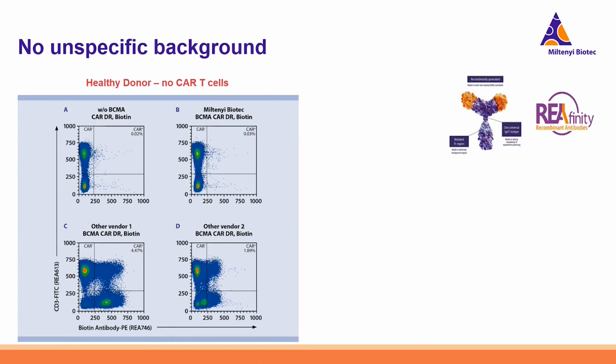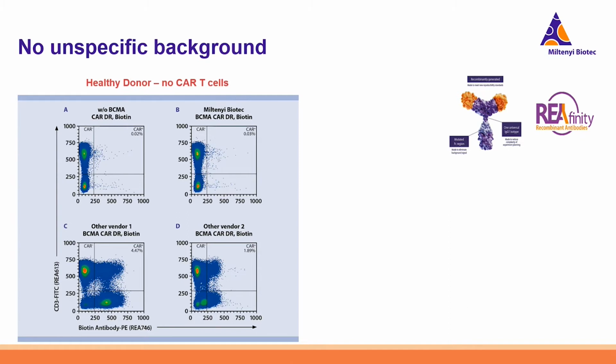And as mentioned before, we really wanted to minimize unspecific background, and especially in the CAR detection reagents, that makes complete sense. For example, for patient monitoring, when you have a really rare CAR T cell population in the blood, you really want to reduce your background. And what you can see here on the left is a healthy donor. So this person never got any CAR T cells. And you see in panel A, no CAR detection reagent was added, so very low signal.